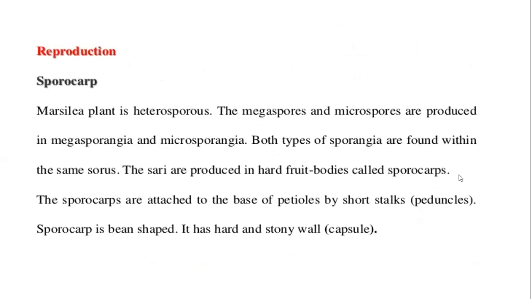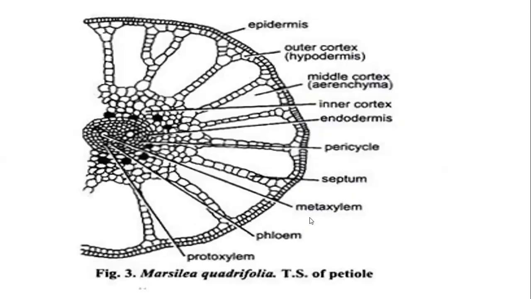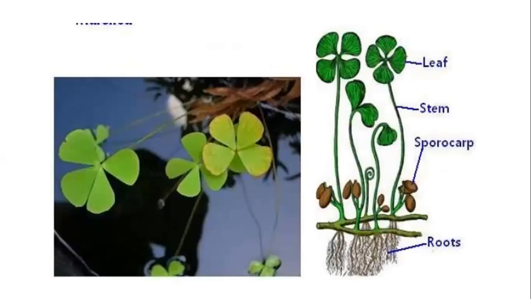Now, these sporocarps are stalked structures. They are attached at the base of the petiole with the help of a short stalk, which we call the peduncle. It is a bean-shaped structure, very hard, and having a stony wall called a capsule. You can see here, the shape of it appears like a bean.